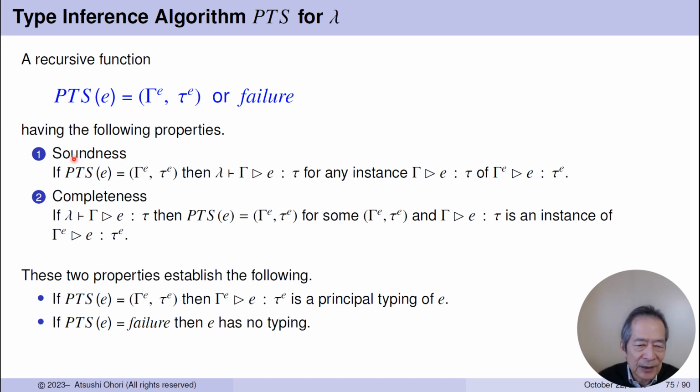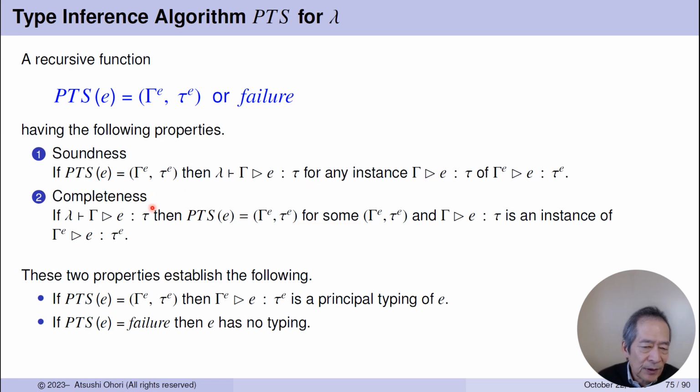This says if PTS of E returns a typing, then any instance of this returned typing is a derivable typing. So soundness says that in some sense this type inference PTS is correct, in the sense that the inferred typing is indeed derivable.